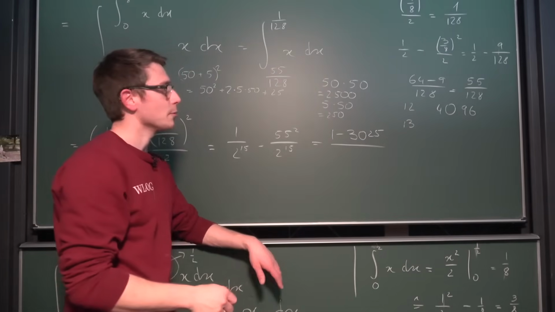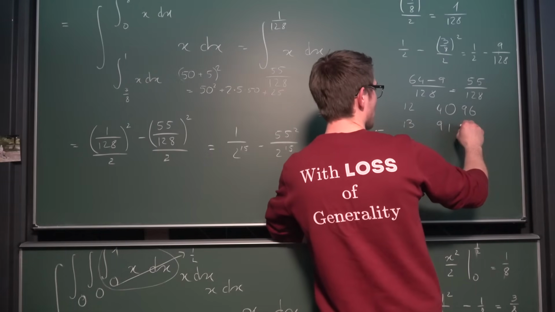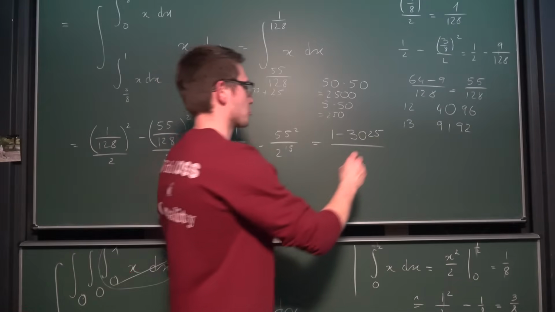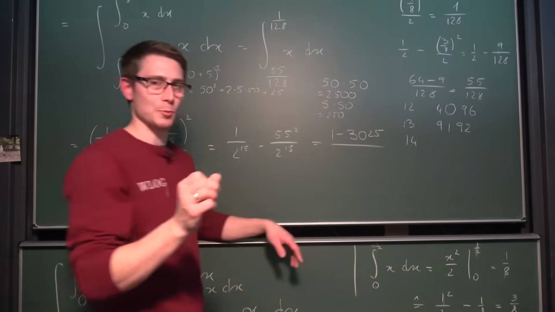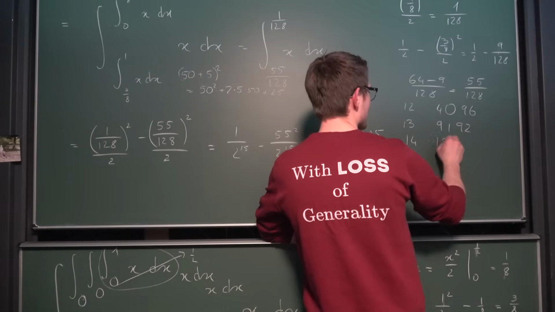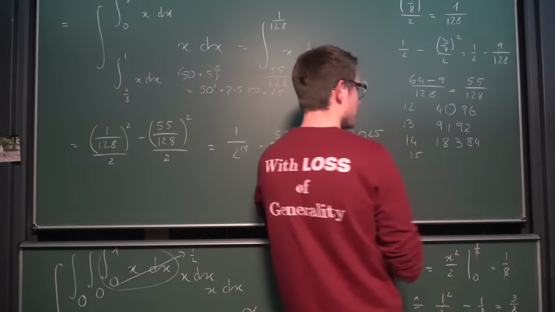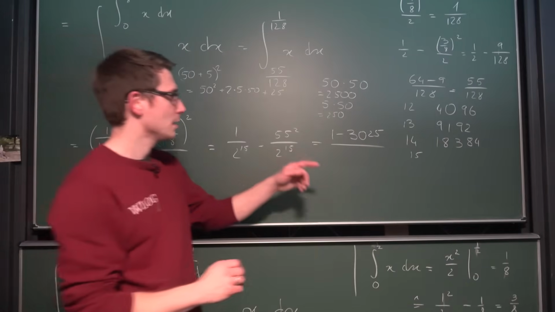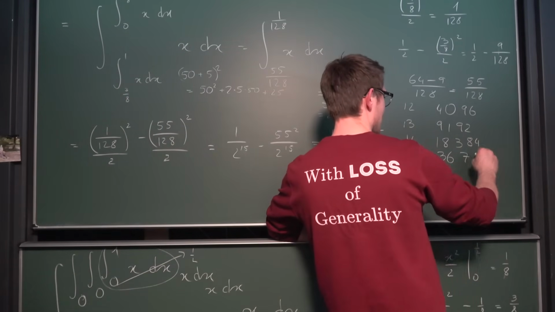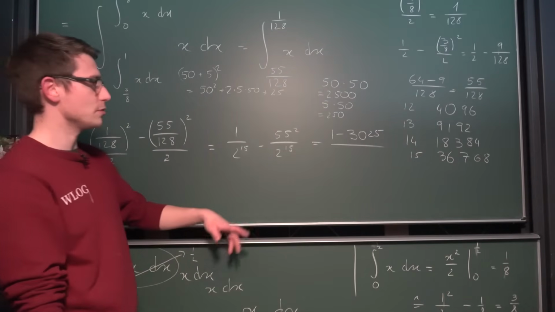Then to the 13, we got 8,192. Okay, and to the 14. Okay, it's getting a tiny little bit more spicy now. What do we have right now? So we have 16,384. And to the 15th power, this is where it gets exciting. We have 32,768, I suppose. I hope I didn't goof up.